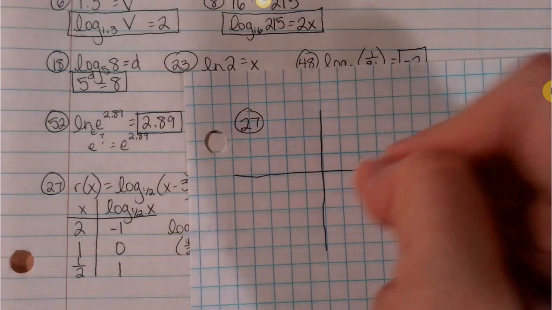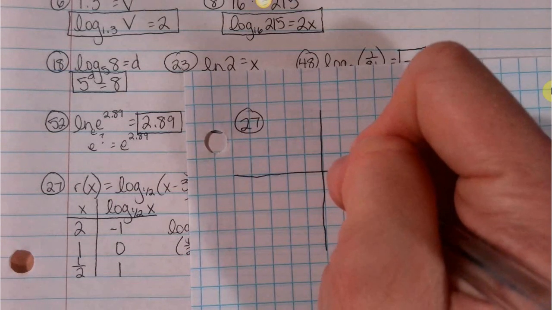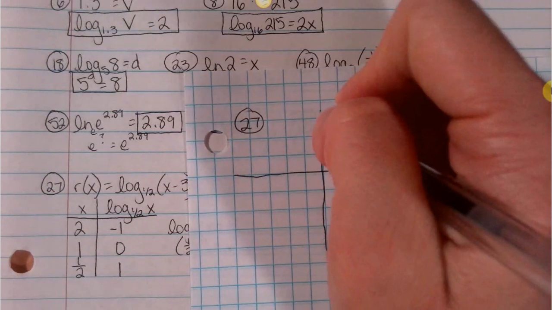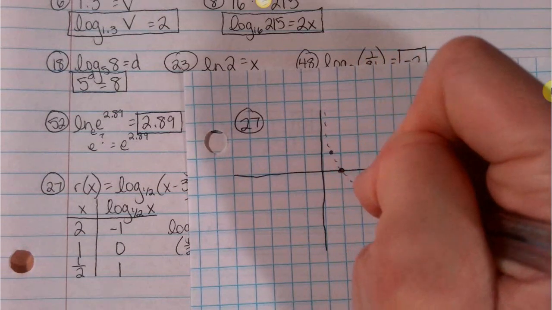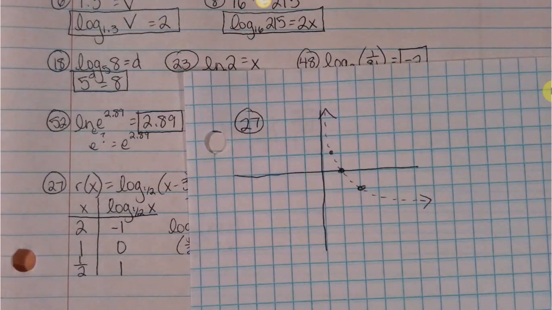So we've got 2, -1, 1, 0, and 1/2, 1. So just the graph of log base 1/2 of x would look something like that.